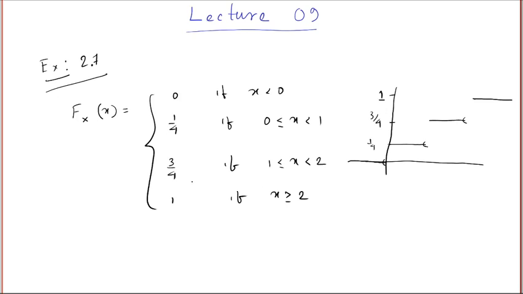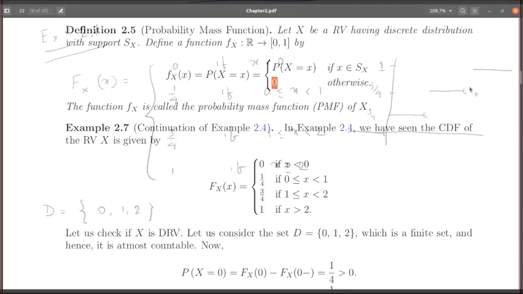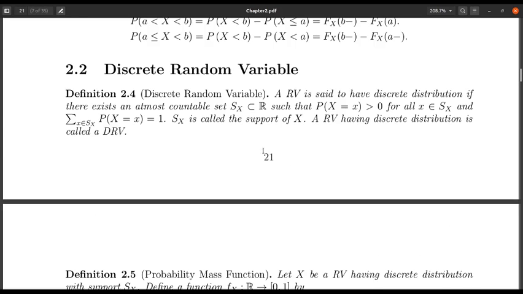And you see that if I take a set D, which consists of the points 0, 1 and 2, what points have I taken? I have taken the points where I have the discontinuity. The reason is clear: in the definition we need to find a countable set Sx on which the probability is strictly greater than 0.